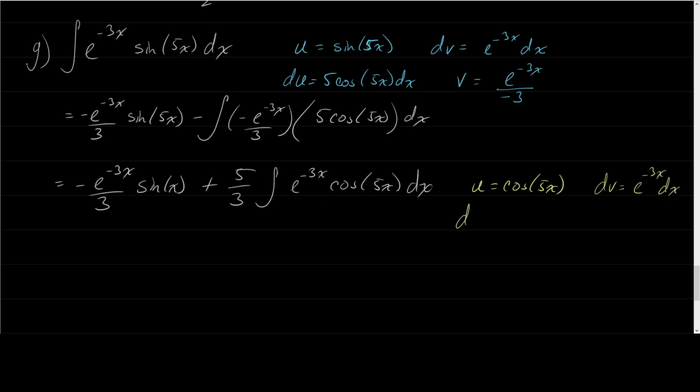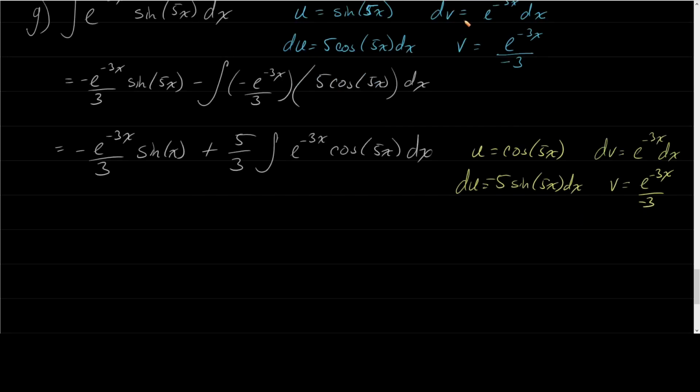So therefore du would be negative 5 sine of 5x dx, right? Because the derivative of cosine is negative sine. And then by the chain rule, that's where I get that extra 5. And v would be e to the negative 3x over negative 3. All right, just like before.